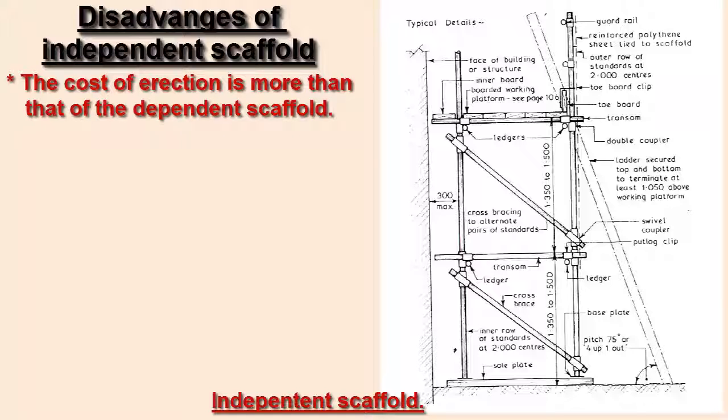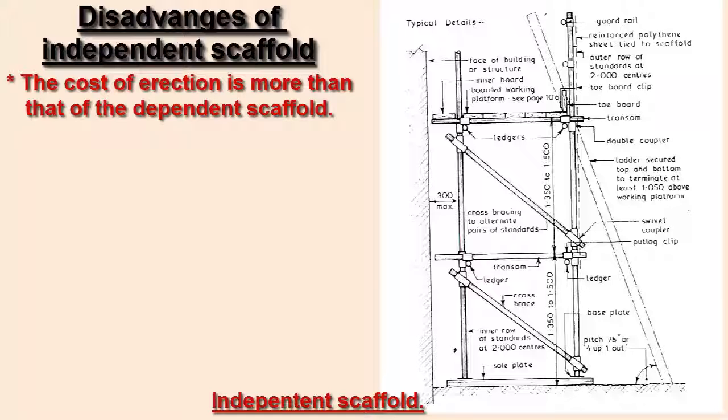Like you can see, you will learn this. It has the standard, like I have mentioned. It has the ledger connecting it. When you look at it, there is a roll connecting the two rows together, which is also the put log. It is braced. If it is metal material, it has coupling.